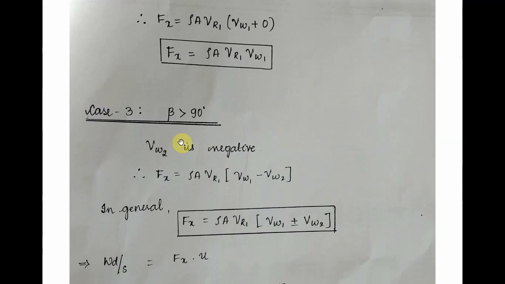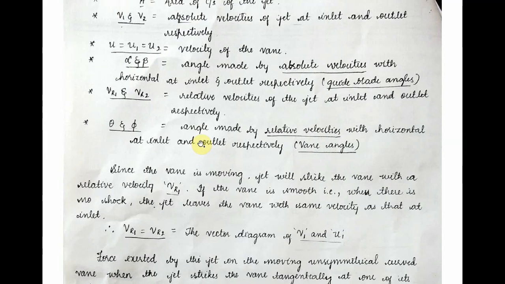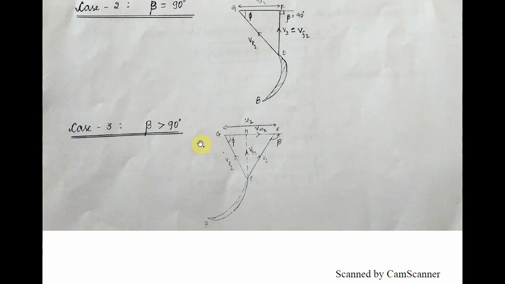Last case, case 3, when beta is greater than 90. So VW2 is negative. We can see the figure here: this is U2, this is G, and this is F, and this is E. Here VR2 is here, and Vf2 is here, and this is VW2, and this is the beta angle.